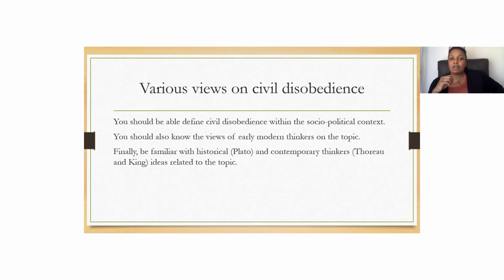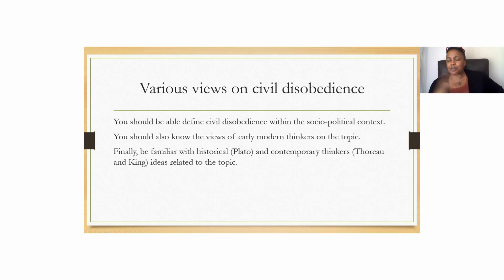Okay, so the next thing we talked about was civil disobedience, which again is a big topic within socio-political thought. And you should be able to, of course, first define what civil disobedience is, which hopefully came right to mind for you, which is essentially disobeying or breaking a particular law while still maintaining the overall law.